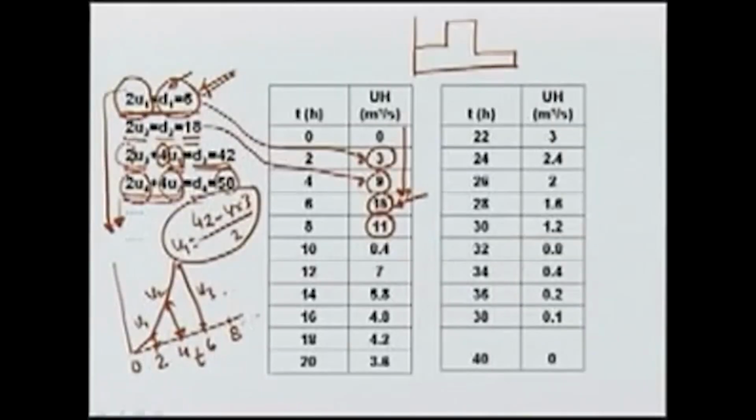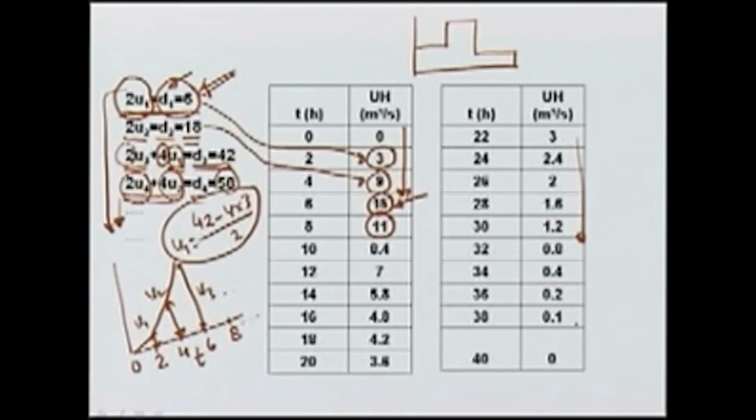The problem with this is that if there is some small error in the data, it gets magnified because we are doing it sequentially. So, any small error in one of the ordinates will get magnified as we move away, and sometimes it may happen that the values get negative, or some oscillations may be there.